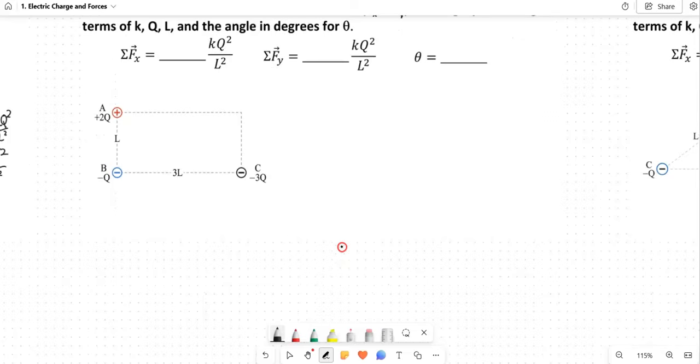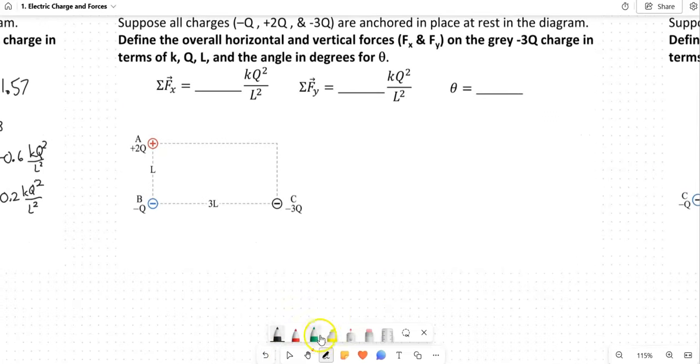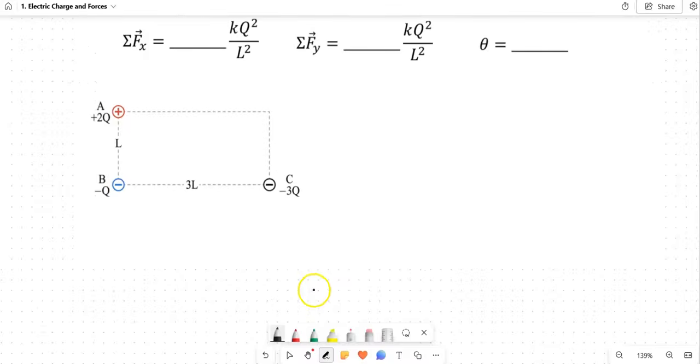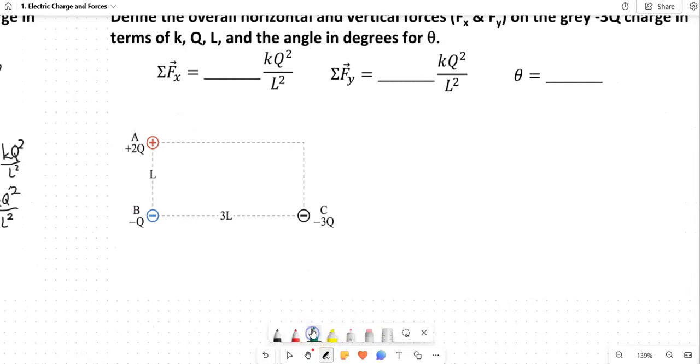All right. So just like we did before, we're going to start with our force diagram. Let's go ahead and go here. All right.